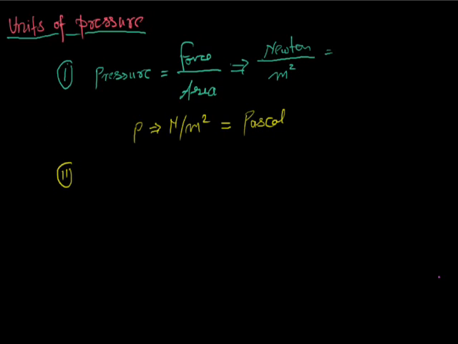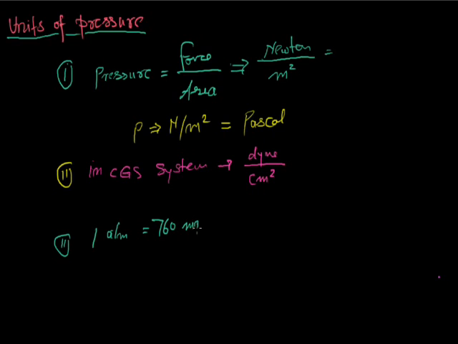In CGS system, it is equal to, unit of pressure will be, Newton की जगह हम CGS यूनिट ले लेंगे डाइन, एंड मीटर कन्वर्ट कर लेंगे सेंटीमीटर स्क्वायर. वी नो दैट 1 atmospheric pressure, 1 atm, it means atmospheric pressure equal to 760 mm of Hg.